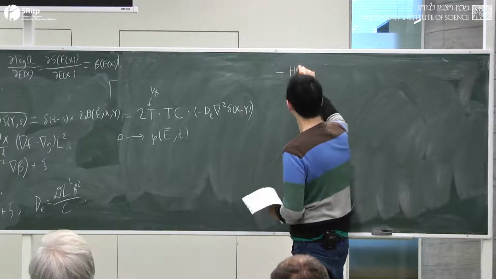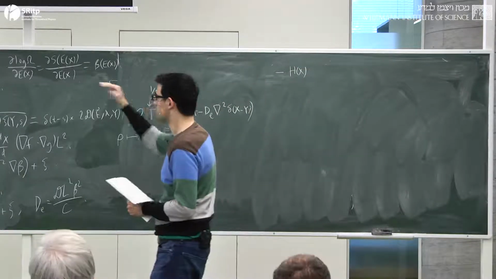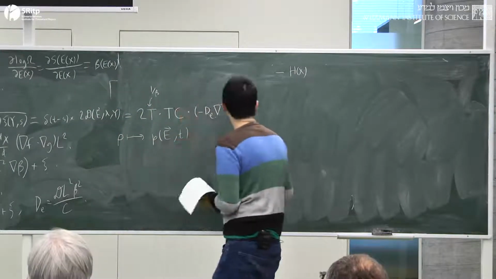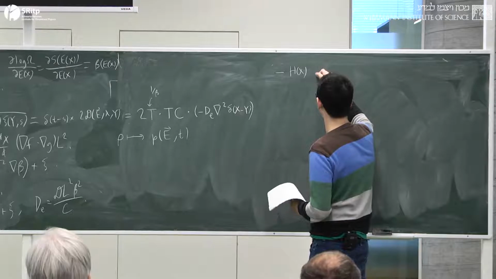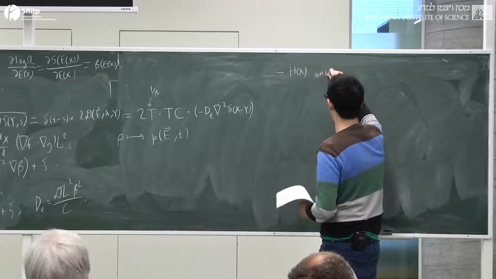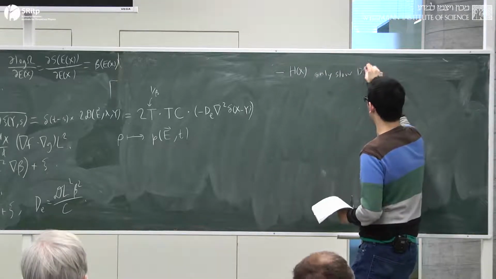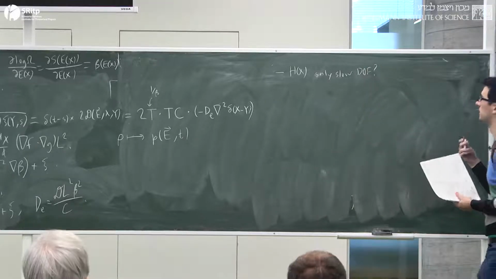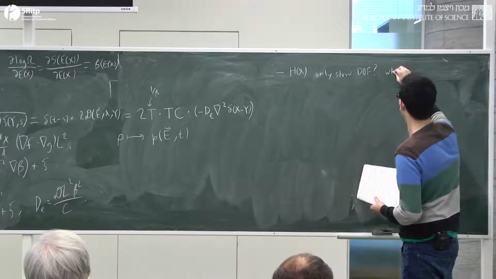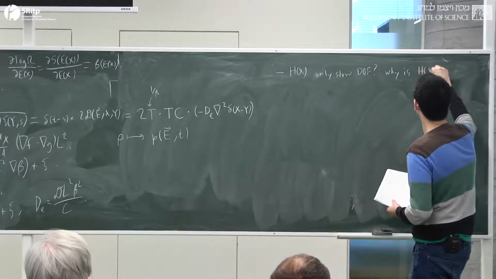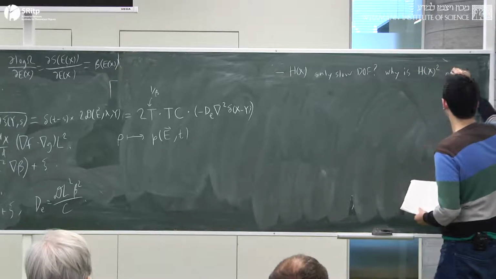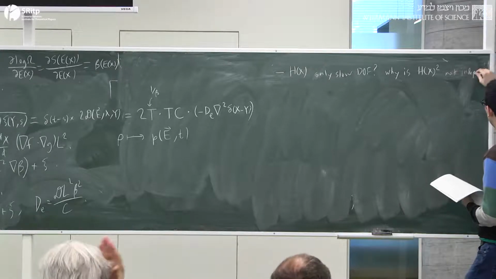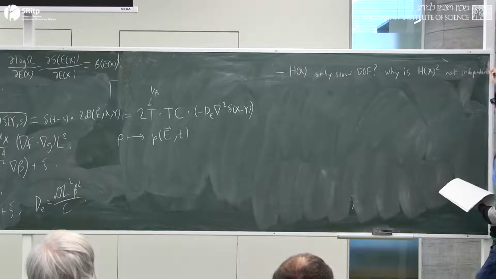Implicit in this equation, it seems as though h of x is the only slow degree of freedom. Now we can partially address that. We can ask why, as an example, h of x squared is not slow, or as we'll see more accurately, why is this not independent?